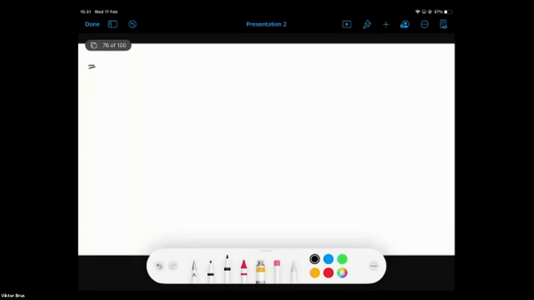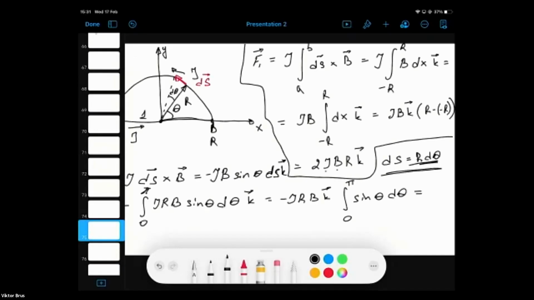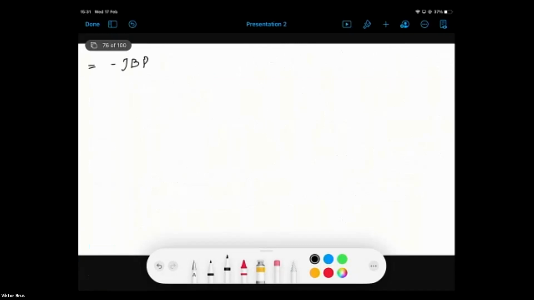So it will be minus current I times B times R, k vector. And this integral will be minus cosine theta from 0 to pi.